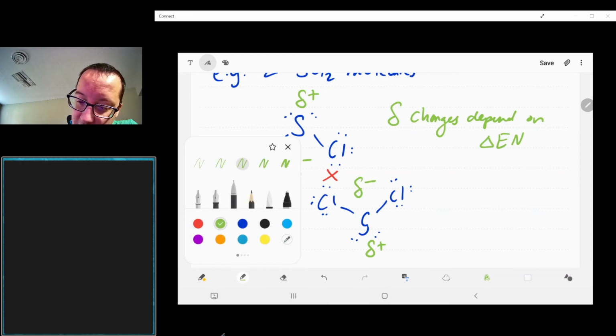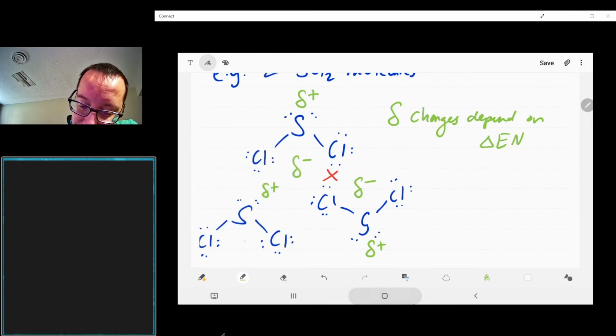However, if we look at the other molecule, the one on the left, we have a happy interaction now, where we can have these partial positives and partial negatives interact together. And so we're going to see that that is an attractive force. They're charged things interacting with each other.